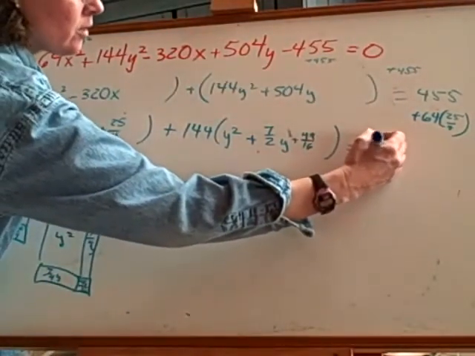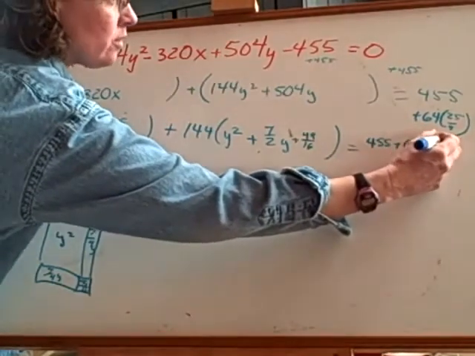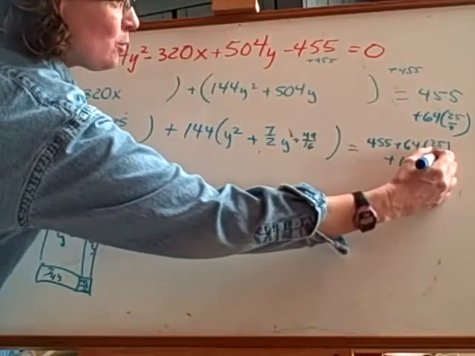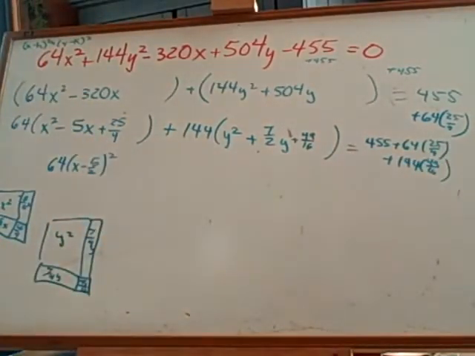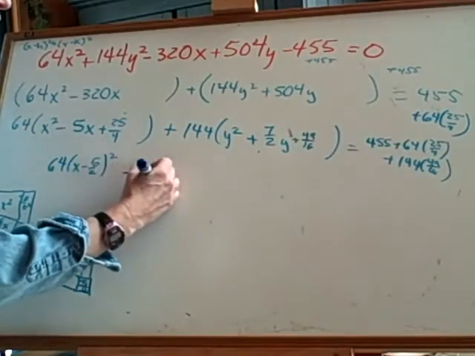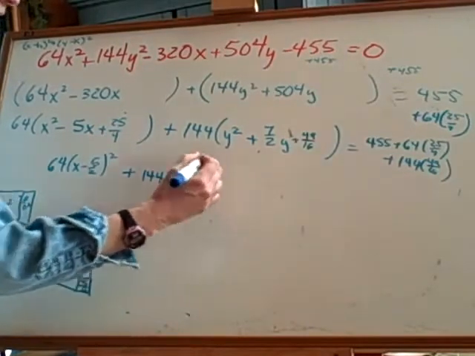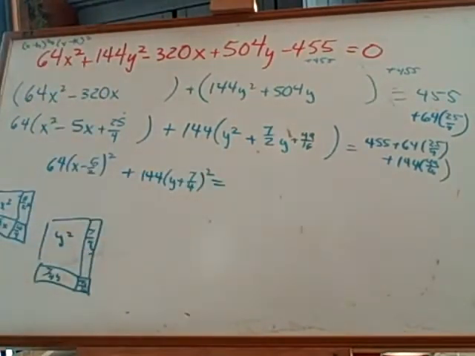So let's do this the right way. 455 plus 64 times 25 over 4 plus 144 times 49 over 16. Now, if that's not complicated enough, it's really not bad. We're going to rewrite this as plus 144 times y plus 7 fourths quantity squared equals. Now is when we're going to figure out what all that is on the other side. Okay?